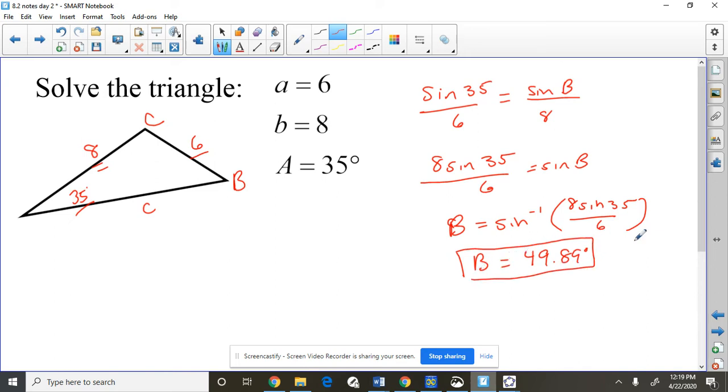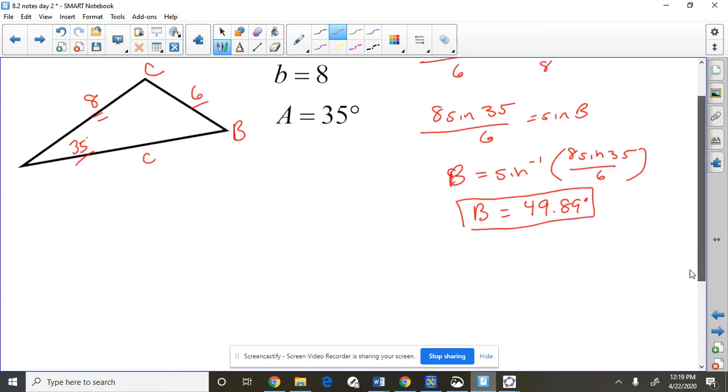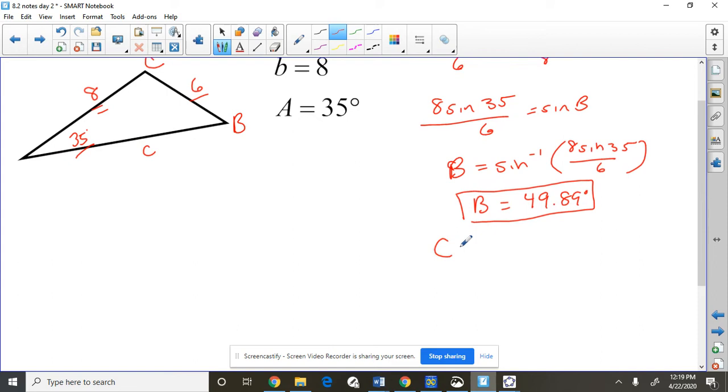That's the angle B in the first triangle. So we could continue solving for the missing parts in that triangle. Once I have B, I can find C, 180 minus 35 minus 49.89, is 95.11.